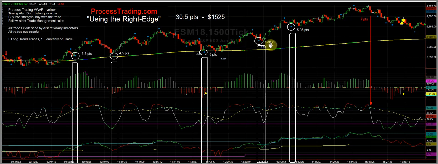Our next trend trade here, we see a similar type of evidence where the momentum had gone down to the lower bound of the oscillator, but the sentiment was very strong, still to the upside. It was still in the upper half and actually close to the upper bound.